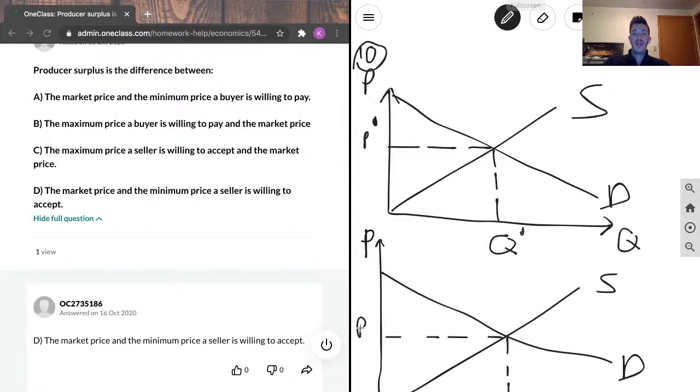So in a market like this, where we are at equilibrium with no inefficiencies, there is no dead weight loss. And as a result, this whole area to the left and below the demand curve and above the supply curve to the left of equilibrium is going to be our total surplus.